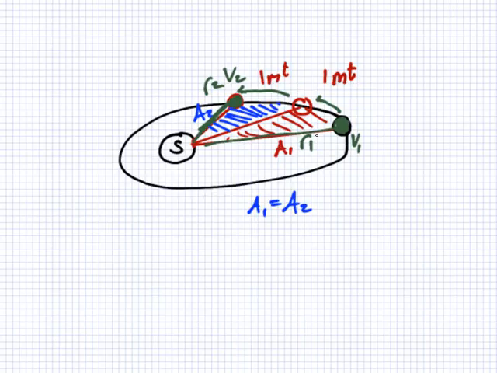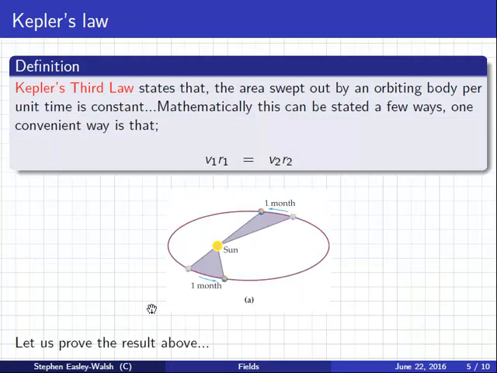If this was actually a perfect circle, the speed would stay the same because the radius is staying the same. And here actually, this is the example we just drew as well. So Kepler said the area here and here is the same. This proof is not on the exam or on the course even.